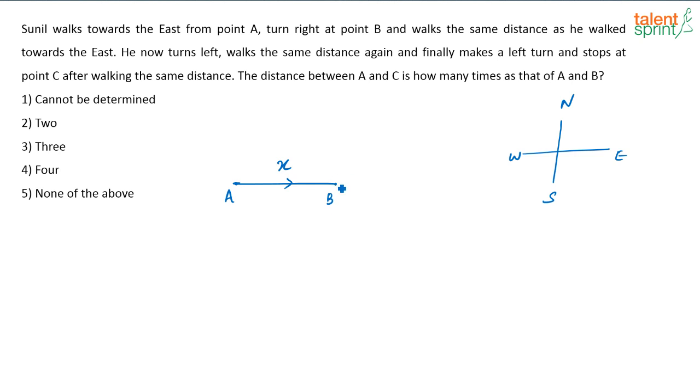So where is he turning? He is turning this side, right? Right means he is facing this side, so this is his right and this is his left. So he is taking a right at B and he is walking the same distance, right? Again he is walking another x meters and then after that he is making a left turn.